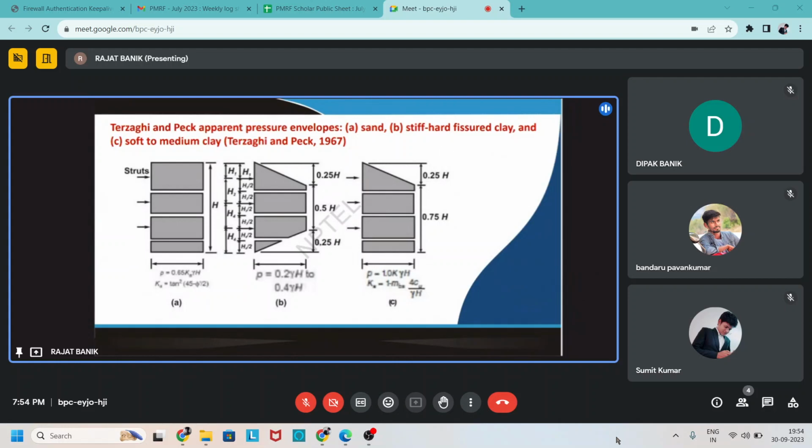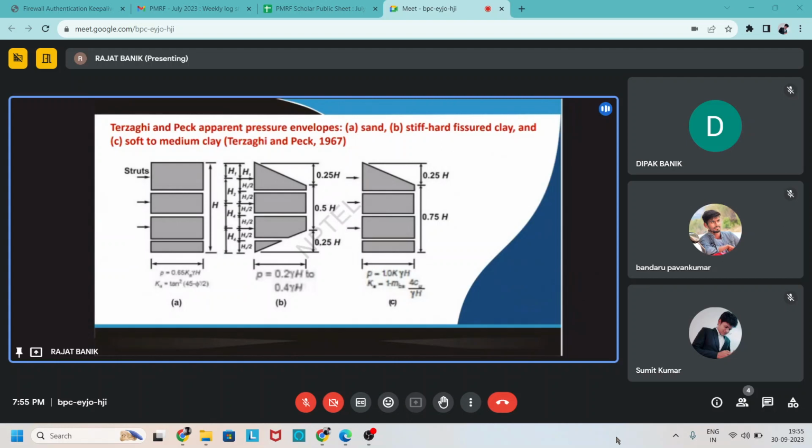And then the second one is for stiff hard fissured clay, where the pressure distribution is typically trapezoidal, and the maximum pressure intensity is 0.2 gamma H to 0.4 gamma H, mostly in the middle portion, between the 0.5 H length. And then the last one is for soft to medium clay.